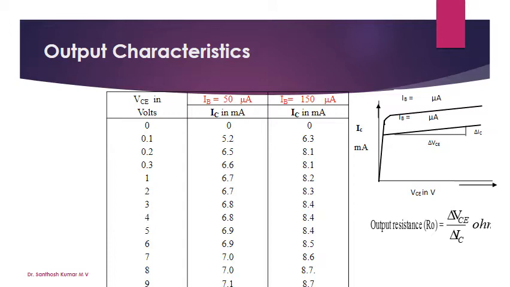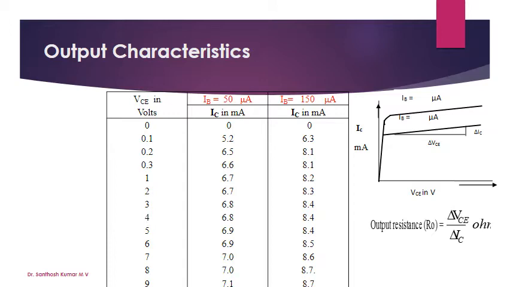You can see that we have varied VCE in the range initially 0, 0.1, 0.2, 0.3, and then 1, 2, 3 like that. So we have measured IC. You can see the measured IC initially increases suddenly, then reaches saturation. And the collector current in the other trial is more because IB is more.